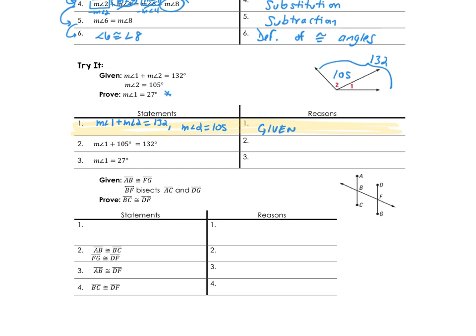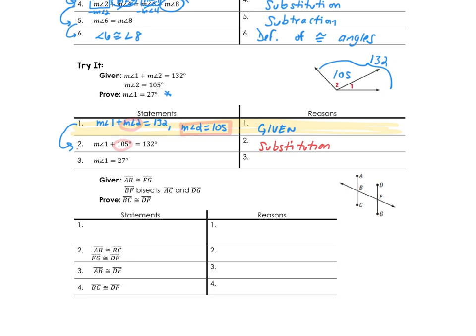Alright, next, from line 1 to line 2, there's a change in our equation. Notice that the measure of angle 2 is replaced by 105, and that's because of this statement right here. So what happened right there was that we used a little bit of substitution to rewrite the equation.